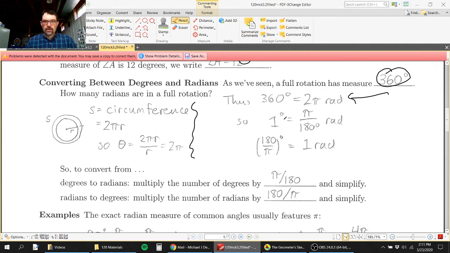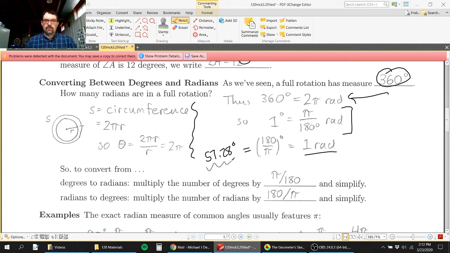So 1 degree, if we divide both sides by 360 and cancel a little bit, is pi over 180 radians. Or 1 radian is equal to 180 divided by pi in degrees. And in fact, if you punch that out, you'll get that 57.28 number that we saw earlier.